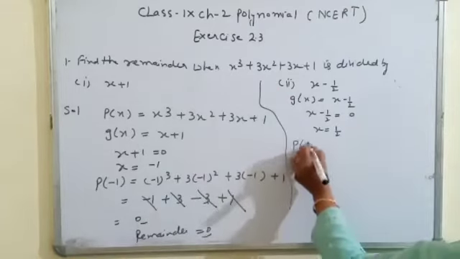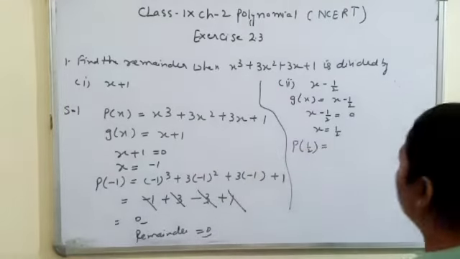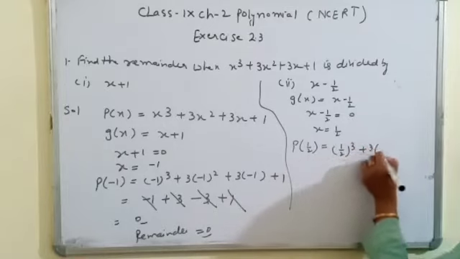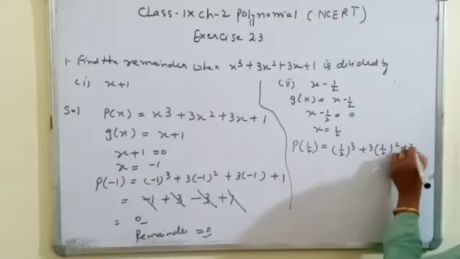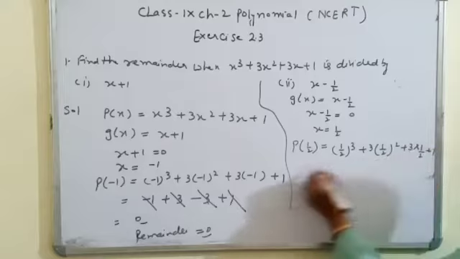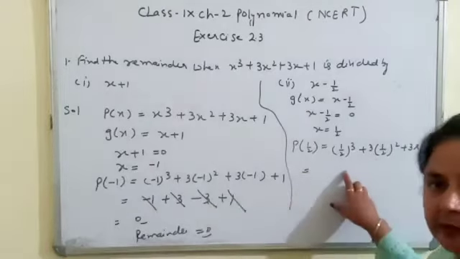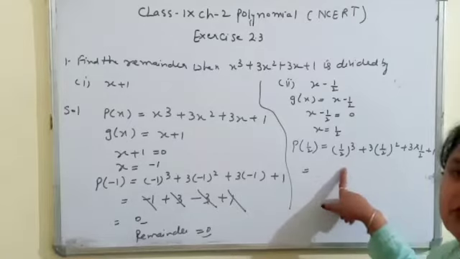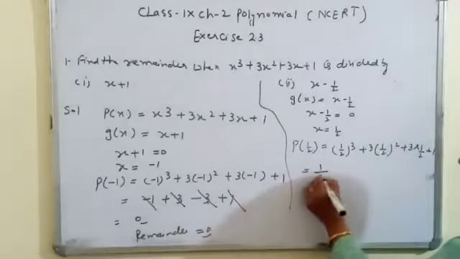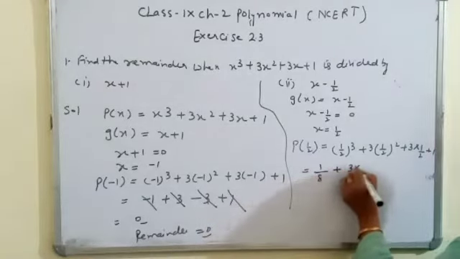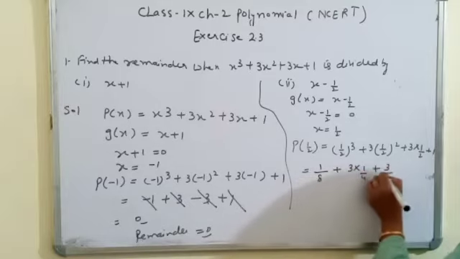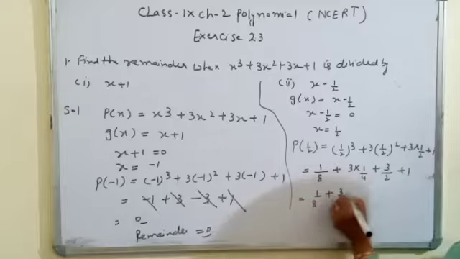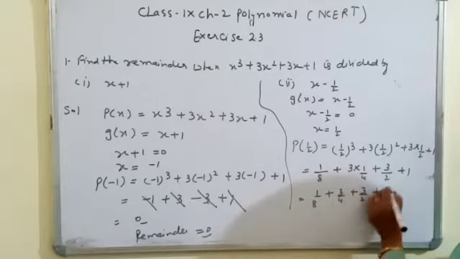So substitute 1 by 2: (1 by 2) cube plus 3 into (1 by 2) square plus 3 into 1 by 2 plus 1. 1 by 2 into 1 by 2 into 1 by 2 is 1 by 8, plus 3 into 1 by 4, plus 3 by 2, plus 1. That is 1 by 8, 3 by 4, 3 by 2, plus 1.